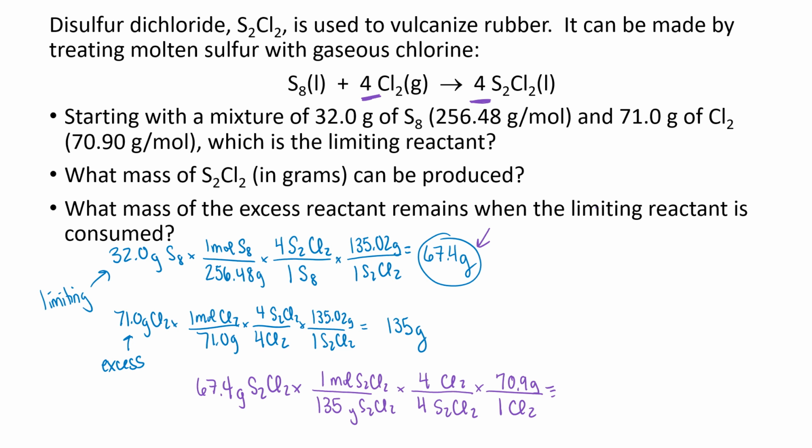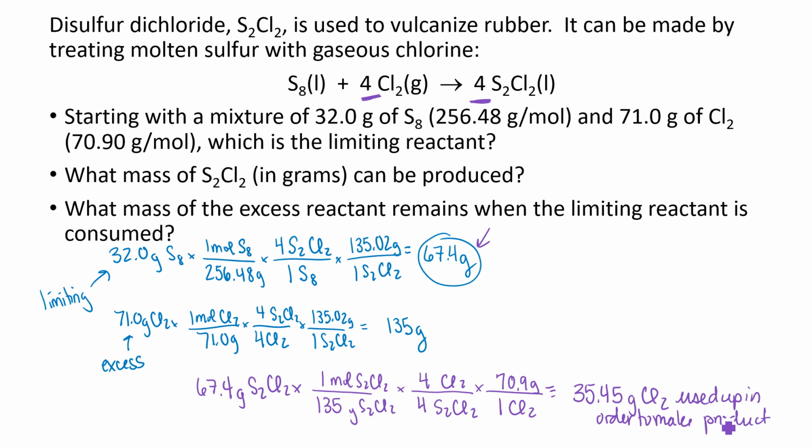So if I stop and plug this in my calculator, I end up that I've used 35.45 grams of Cl2. So this is how many grams of Cl2 were used up in order to make the product.